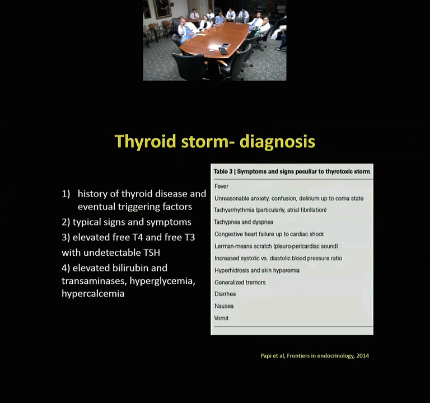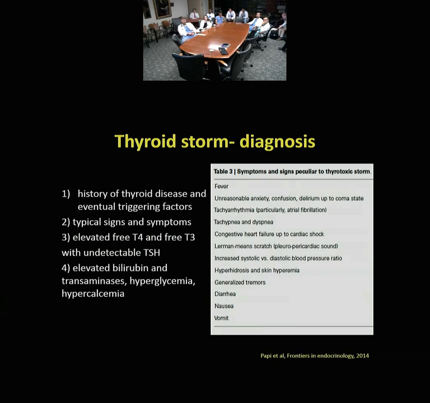So is anxious, is confused, has delirium, is tachycardic, is tachypneic, may have congestive heart failure, is sweating, is hyperemic, has tremors, diarrhea, nausea, vomiting, and has a history of thyroid disease. In addition to typical signs and symptoms and a little bit of investigation of the precipitating factors, you will make a diagnosis fairly quickly.